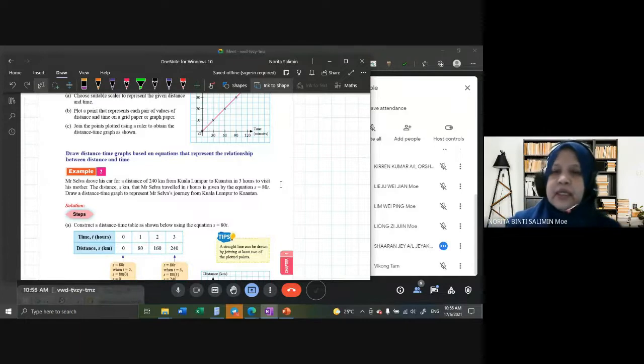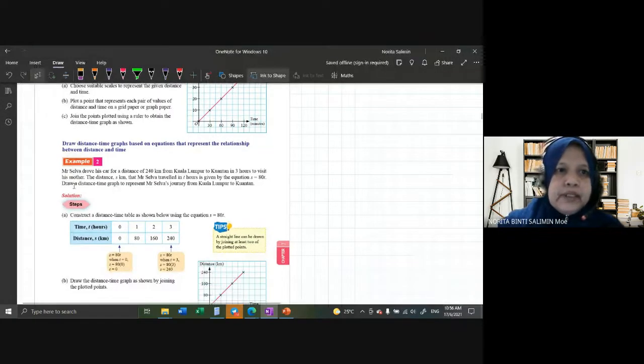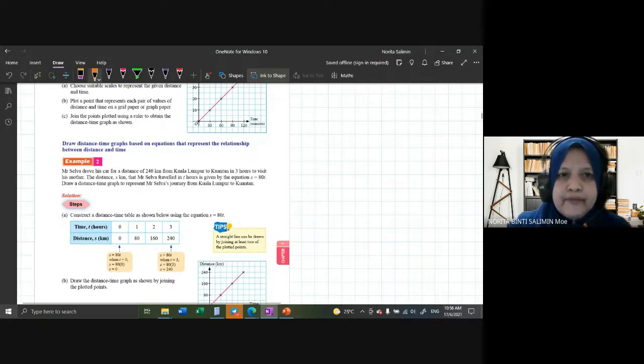Okay, look at the example here. Mr. Selva drove his car for a distance of 240 km from Kuala Lumpur to Kuantan in 3 hours to visit his mother. The distance in kilometers that Mr. Selva traveled in 3 hours is given by S equals 80T.